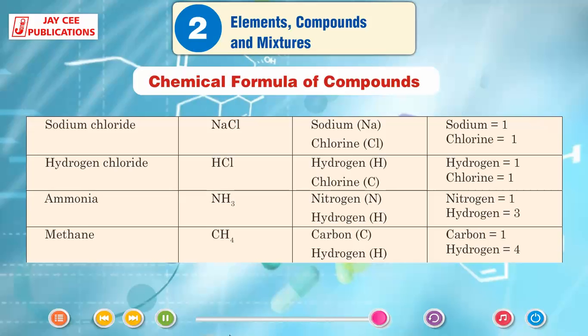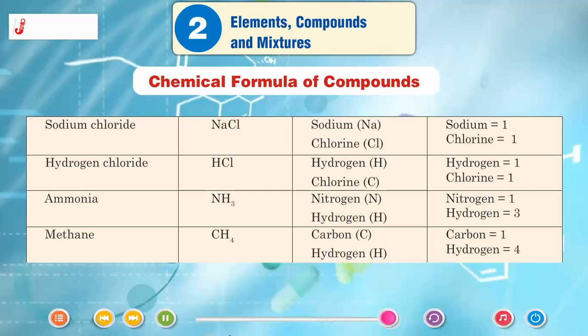Sodium chloride, NaCl, sodium Na, chlorine Cl, sodium 1, chlorine 1. Hydrogen chloride, HCl, hydrogen H, chlorine Cl, hydrogen 1, chlorine 1. Ammonia, NH3, nitrogen N, hydrogen H, nitrogen 1, hydrogen 3.